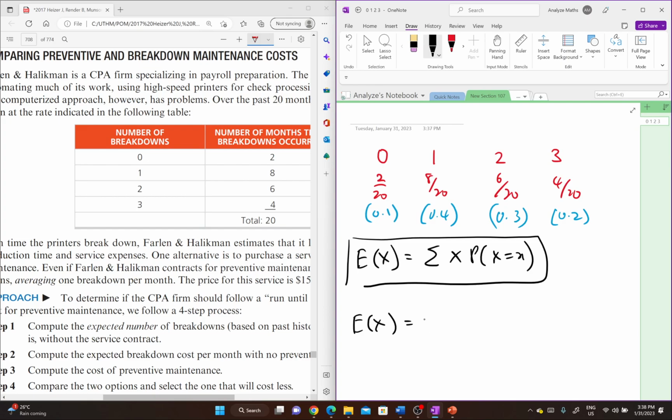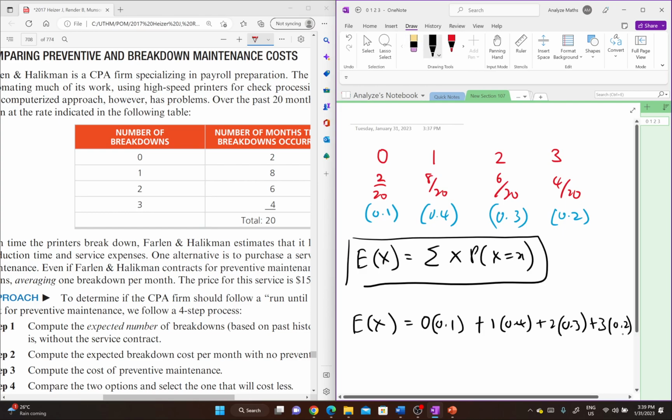So I'm going to write 0 times 0.1 plus 1 times 0.4 plus 2 times 0.3 plus 3 times 0.2.